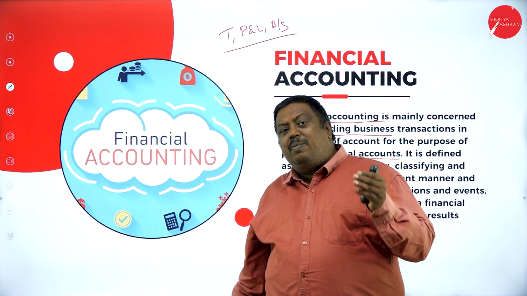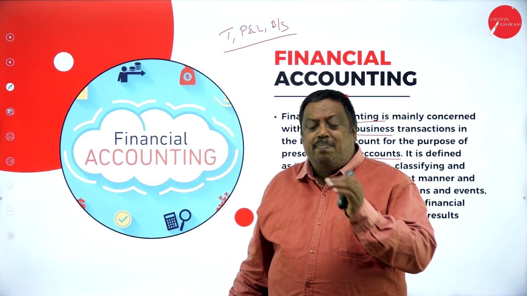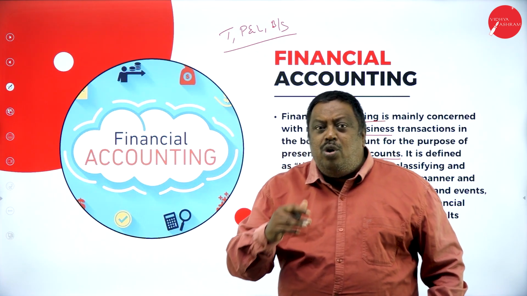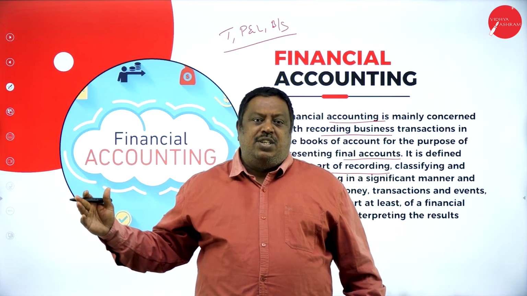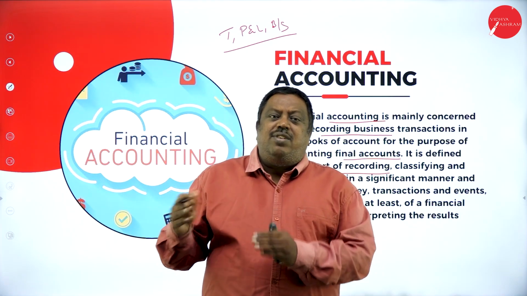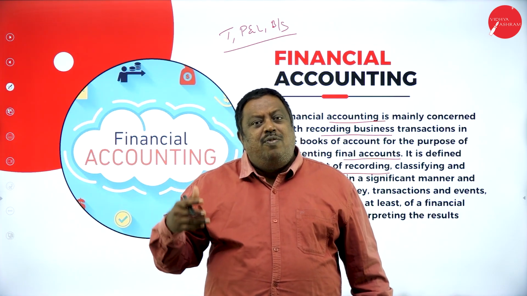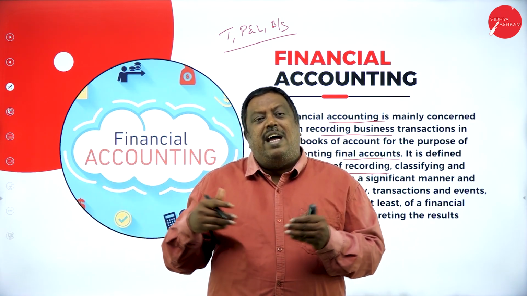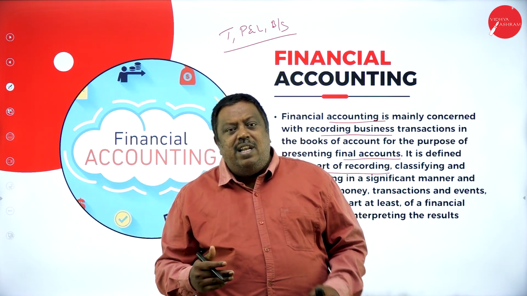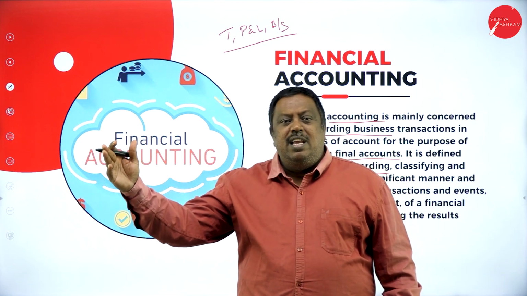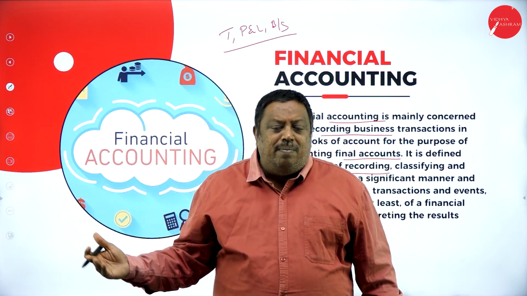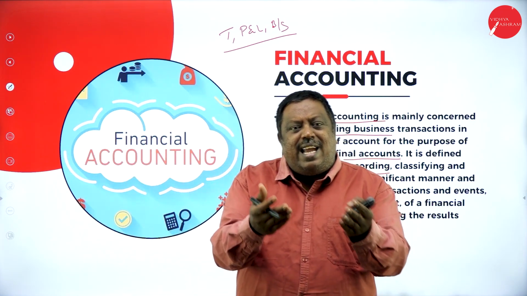All these will be recorded, but it should be very simple. For example, Ram sold goods to Mohan for cash. In this transaction, Ram is the person who is selling goods to Mohan for cash. Instead of writing Ram and Mohan here, we can say goods sold for cash. Parties are not required here because the goods are going out and the cash is coming in.